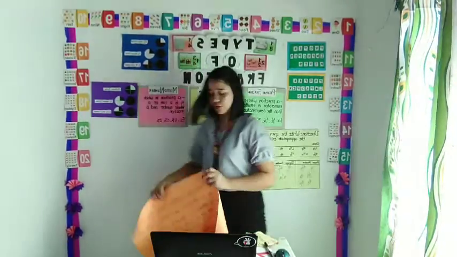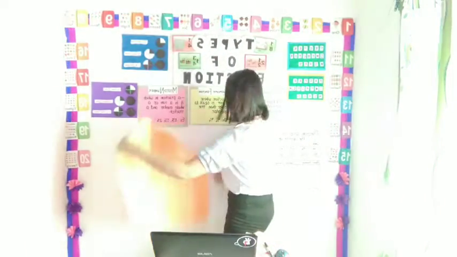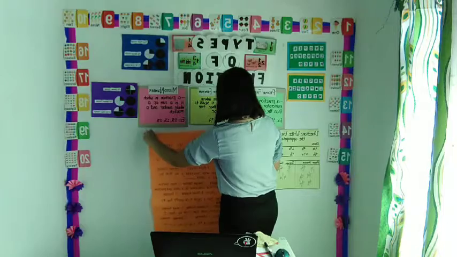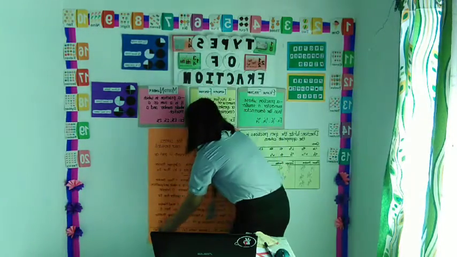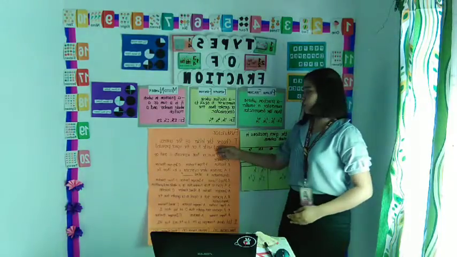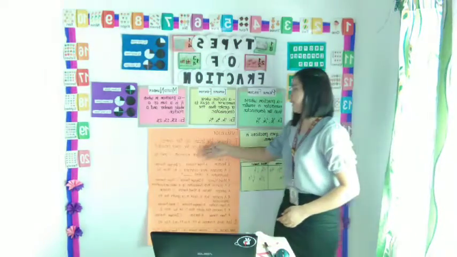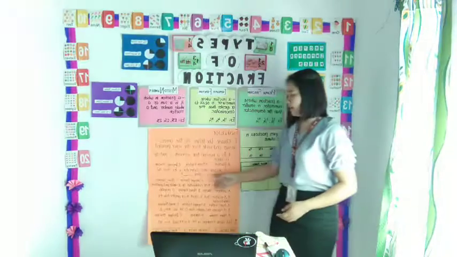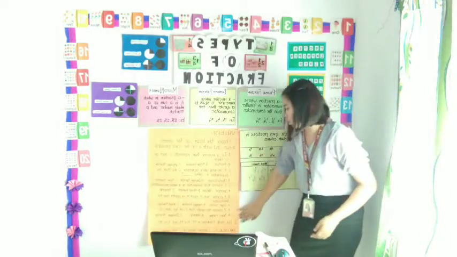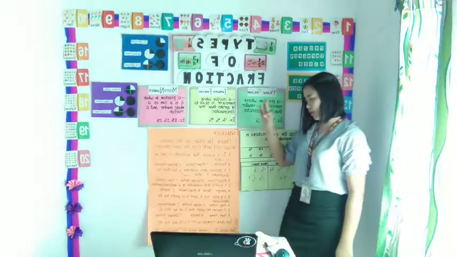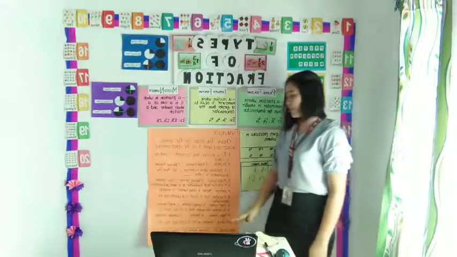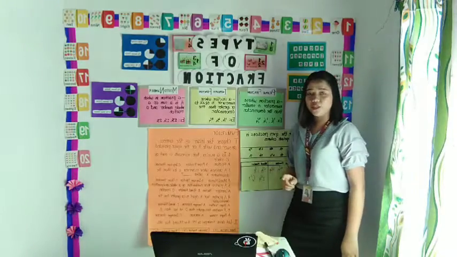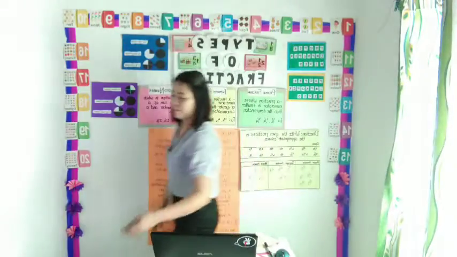Now, for your quiz today, you need to choose the letter of the answer and write it on the space provided. And for your test 2, list down 3 examples of proper fraction, 4 examples of improper fraction, and 4 examples of mixed number.